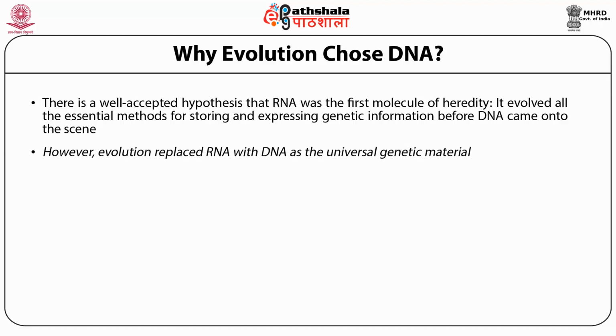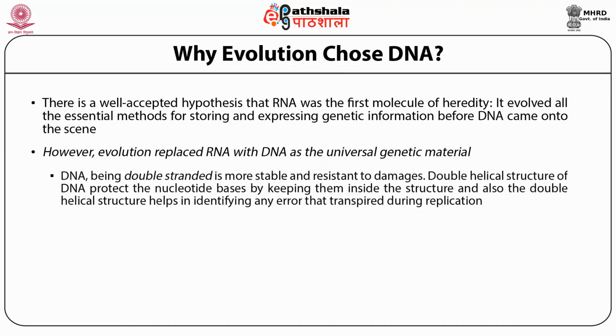The first and foremost reason is that DNA, being double-stranded, is more stable and resistant to damage. The double helical structure of DNA protects the nucleotide bases by keeping them inside the structure, and also helps in identifying any error that occurs during replication.